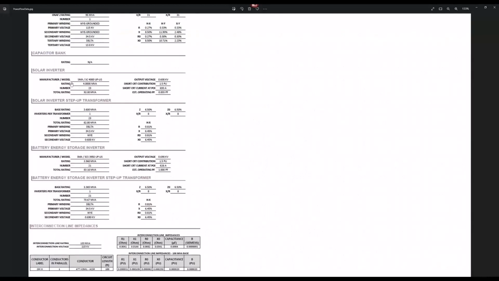So definitely your solar inverter MVA rating is 4, and your battery energy storage inverter MVA rating is 3.96, so that's the number you need to change. And the GSU impedance rating you need to change as well.